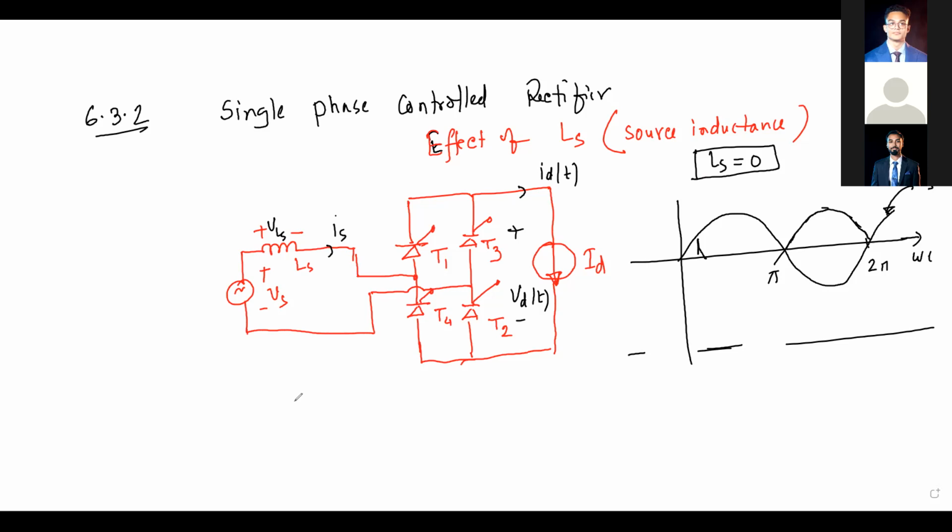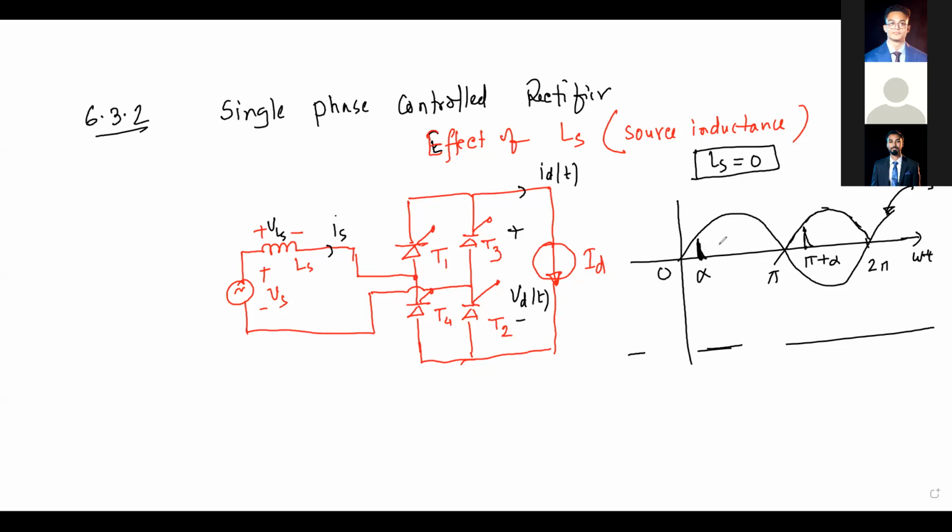So this is alpha, and this is pi plus alpha. This firing pulse will be at omega t equal to alpha. This firing pulse will be applied where?